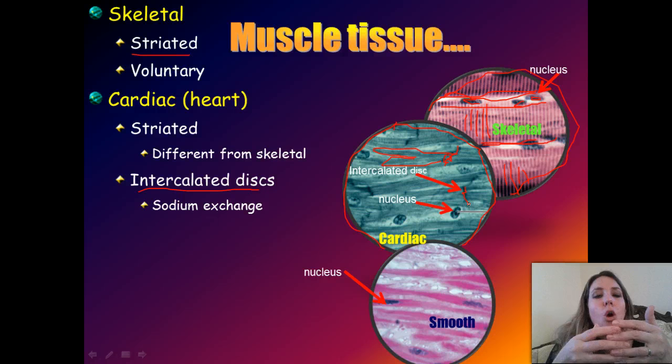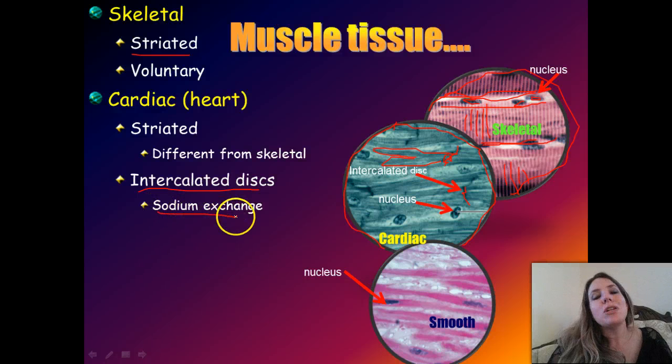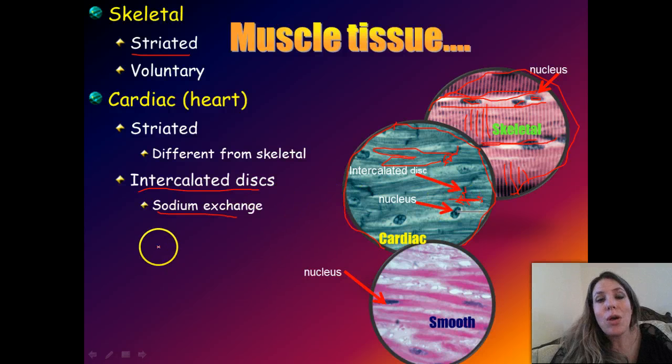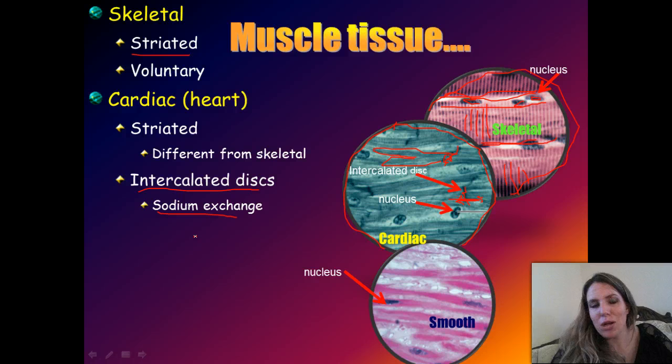And the openings between the cell membranes allow these cells to communicate with each other. So they exchange sodium, which causes electrical changes between the two cells. So this allows these cells to communicate with each other and hence beat together. So we'll get a lot more into that when we talk about the cardiovascular system and the heart. I mean, it's just fascinating stuff.